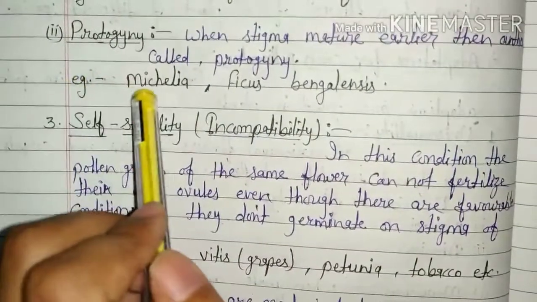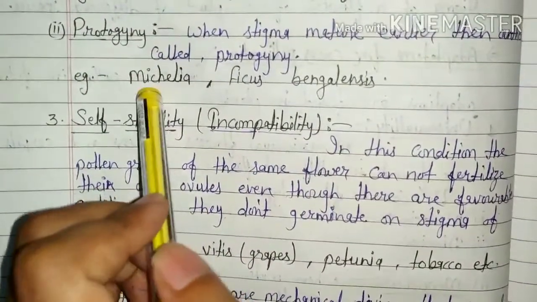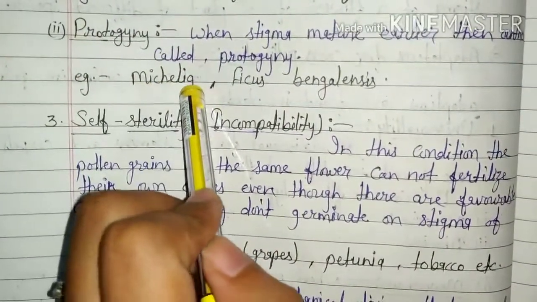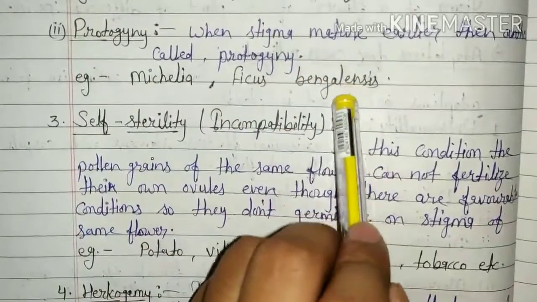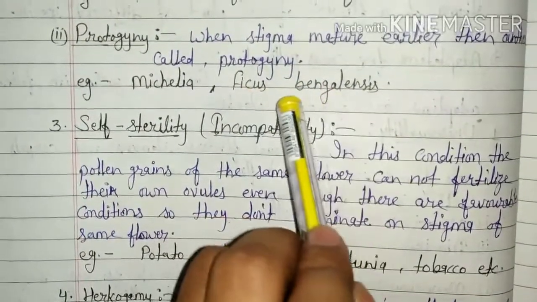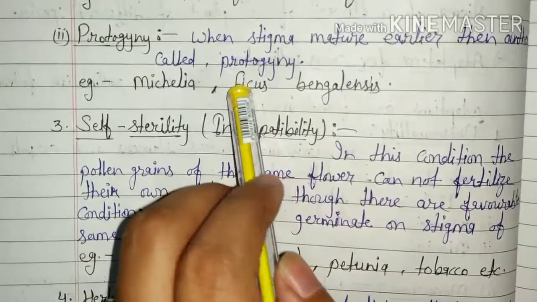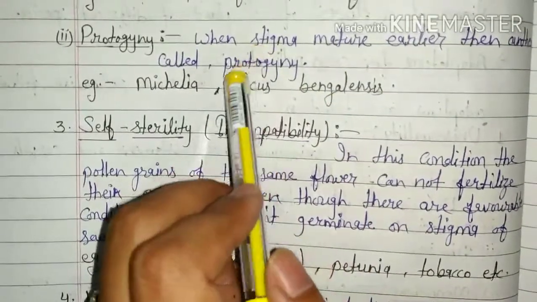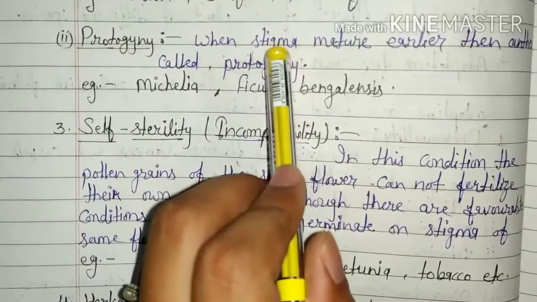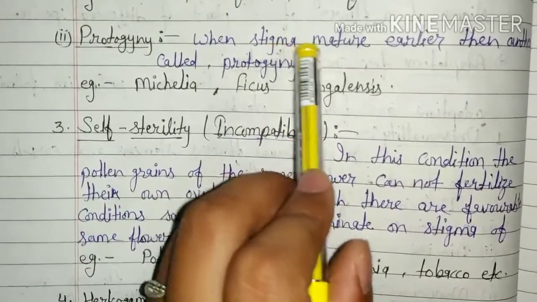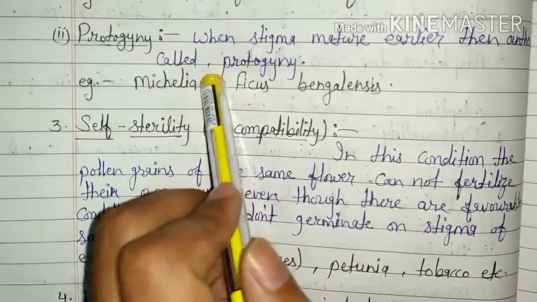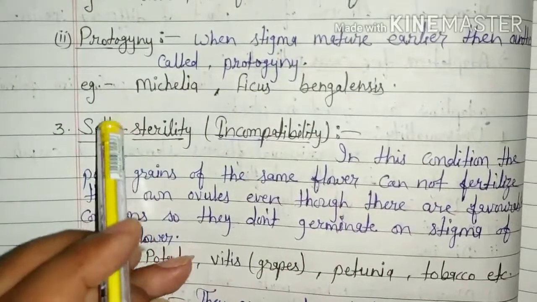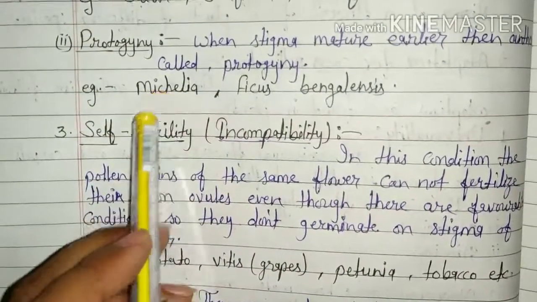For example, in Aristolochia plant and Ficus bengalensis, banyan tree, only cross-pollination takes place because of maturation of the stigma earlier than the anther in a bisexual flower. So only cross-pollination happens.